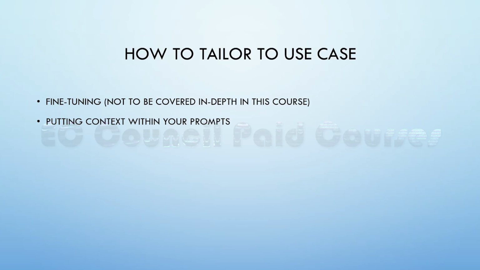This is a great way of being able to keep it within guardrails and prevent it from hallucinating too much. But again, we're not going to be talking about that too deeply in the course this time around. We can also put context within our prompts. A really great way of preventing AI from going off the rails is by providing context.